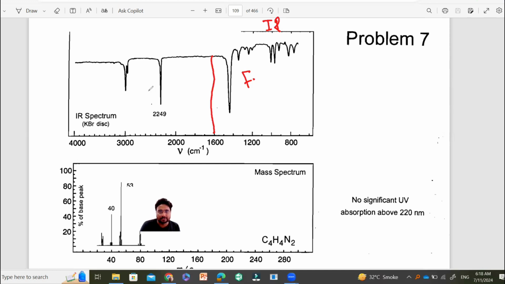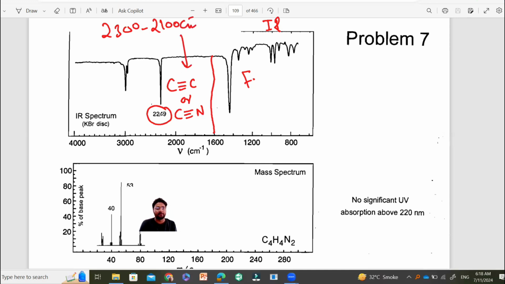In the diagnostic region there is an absorption at 2249 centimeter inverse. This absorption is mostly related to a carbon-carbon triple bond or a carbon-nitrogen triple bond, which appear in the range 2300 to 2100 centimeter inverse.